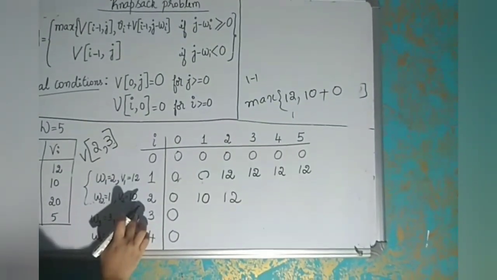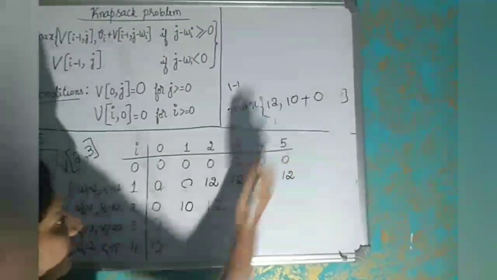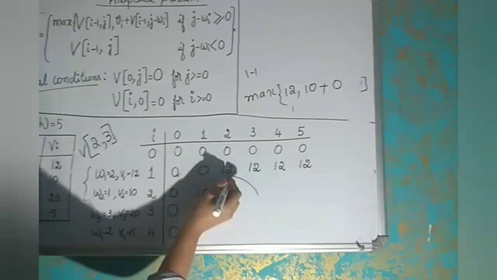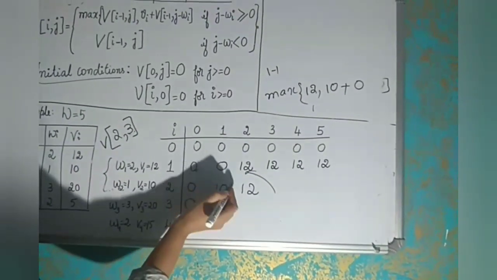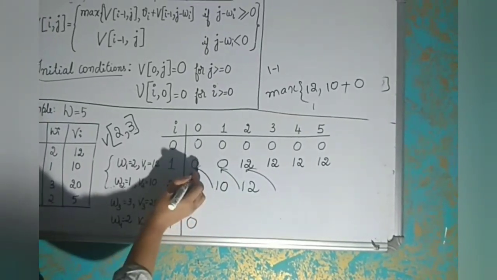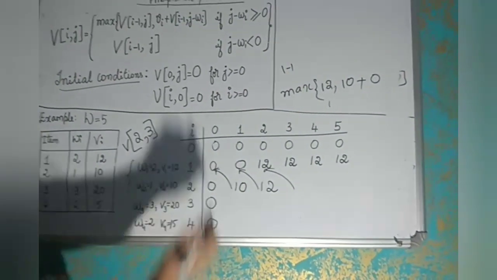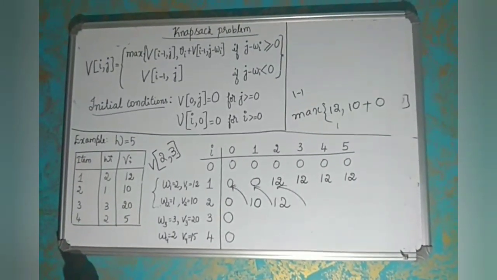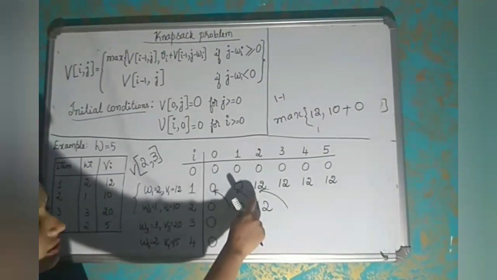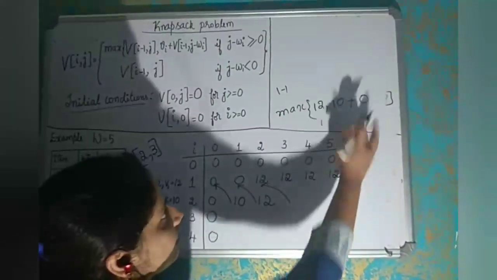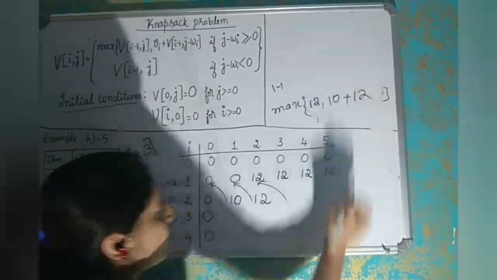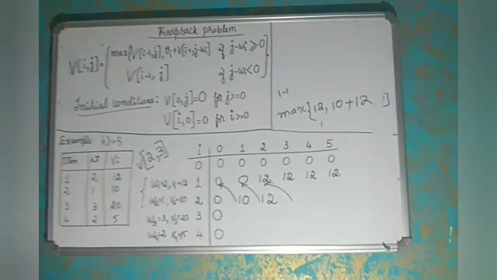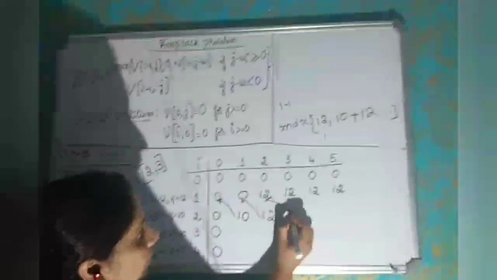What is the value of the item? 10 plus. So 10 I have written as it is. And then what you have to consider? This one, right? You can apply the formula V of i minus 1 comma j minus wi. It will come to this. So that is nothing but 12. So it is 10 plus 12. So max of 12 comma 10 plus 12, which will come to 22.